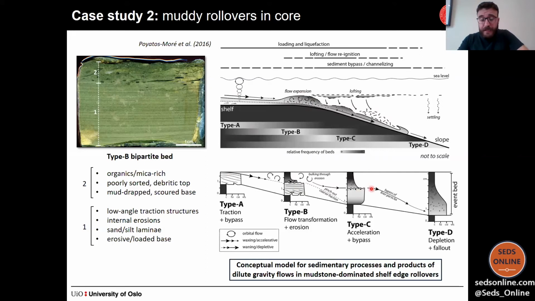And then eventually evidence for acceleration with these inversely graded deposits with still some bypass and some erosive tops, suggesting that some of the flows make it all the way down into the slope, where we can see these more nicely, normally graded beds.